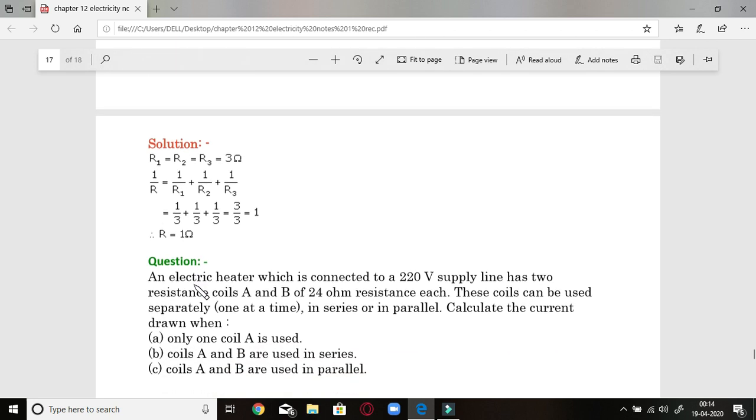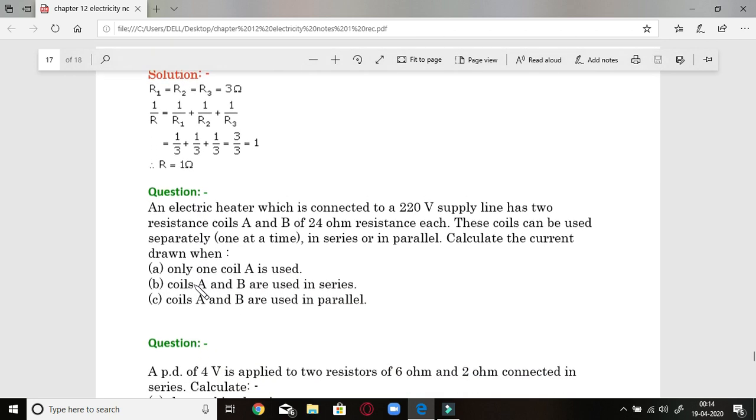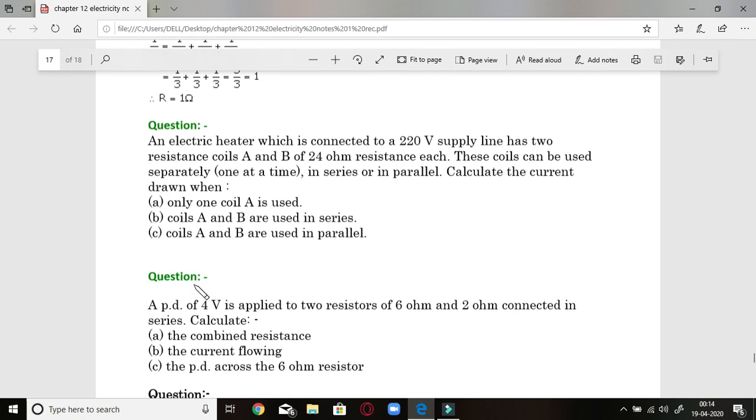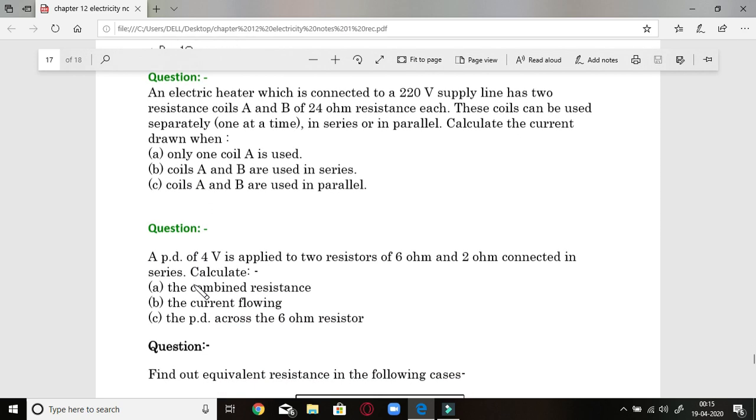Now the next question is that an electric heater which is connected to a 220 volt supply line has two resistance coils A and B of 24 ohm. What we have to find out is the resistance when A is used only, when they are in series, and when they are in parallel. Do it yourself, students.